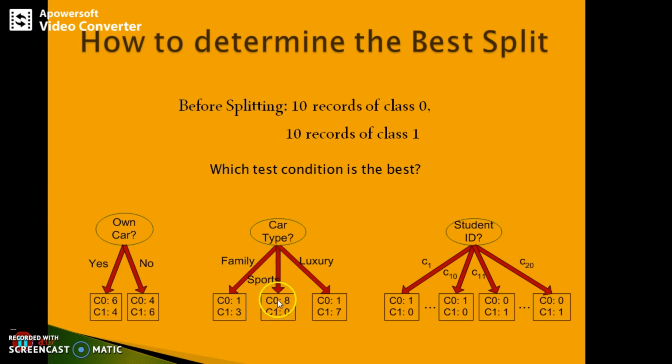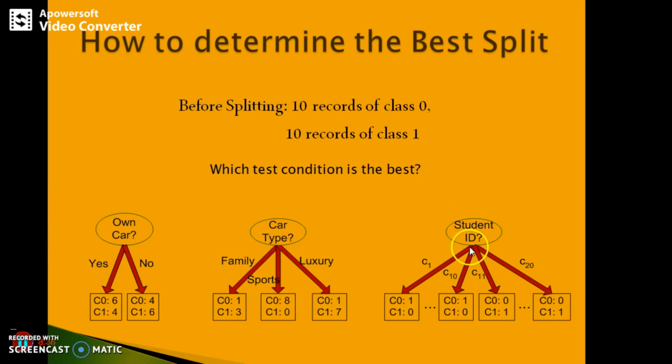Why? Because it is clearly classifying that all the records where car type is sports belong to class C0. Similarly, come to luxury also. The majority of the records here belong to class C1. Only 1 record belongs to class C0. So this is also best. The car type attribute you've chosen is one of the best attributes, because it is doing almost the right classification.